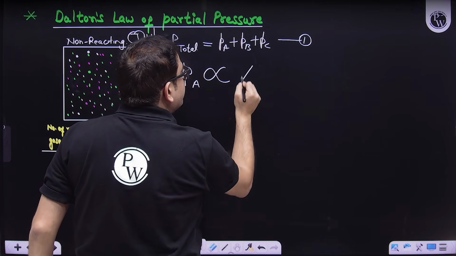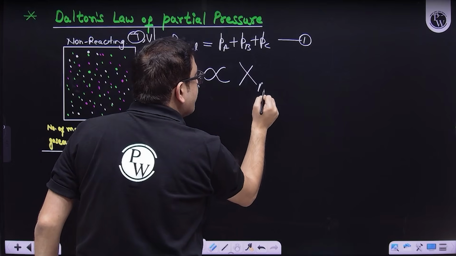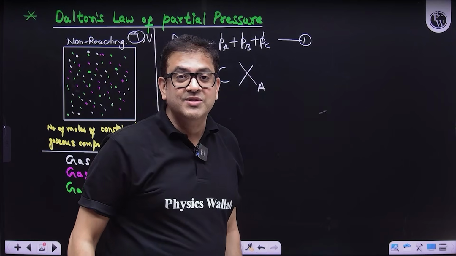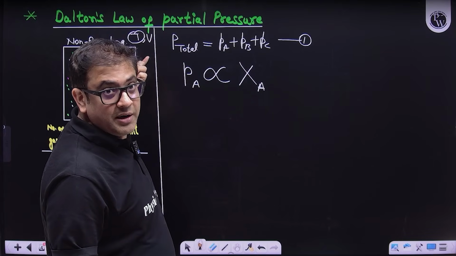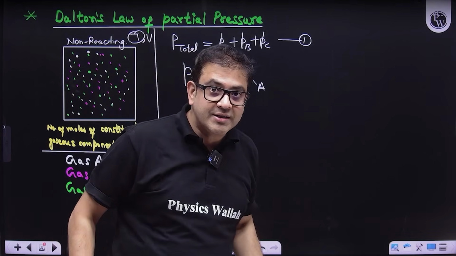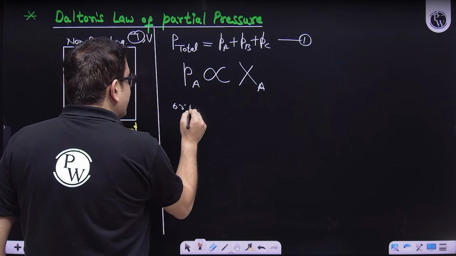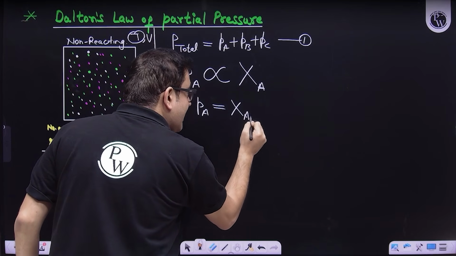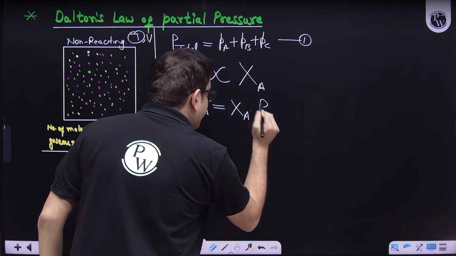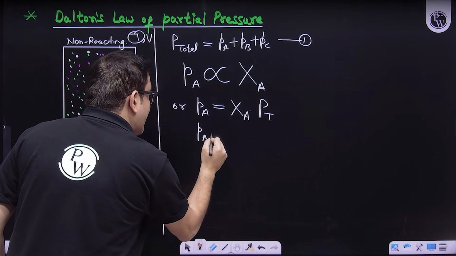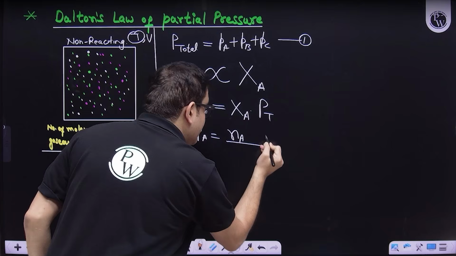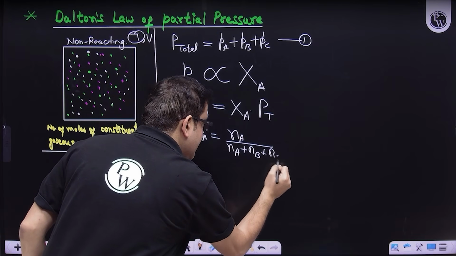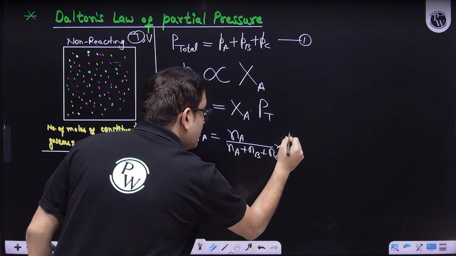Partial pressure will be proportional to the mole fraction of A, and the proportionality constant is the total pressure, because at a particular temperature and volume, P total will be fixed. So the partial pressure of any gas is equal to the mole fraction of that gas into the total pressure. That is, PA can be written as Na upon the total moles, Na plus Nb plus Nc, into the total pressure.